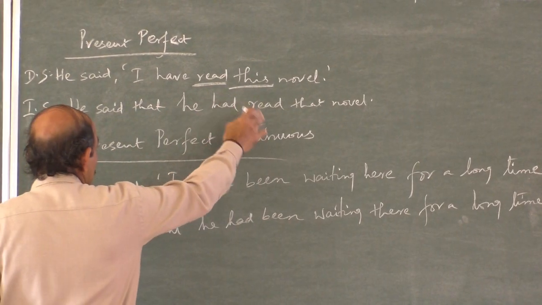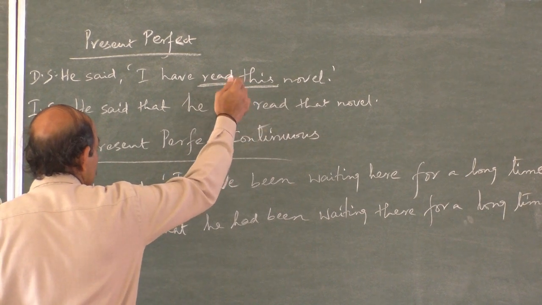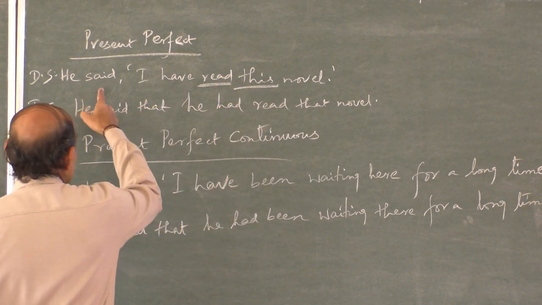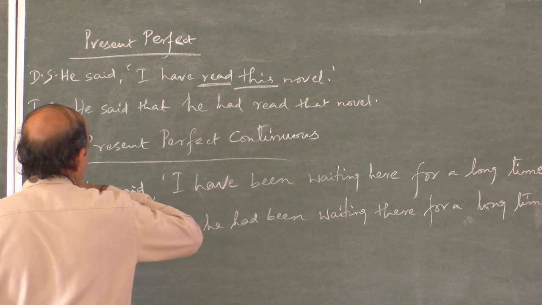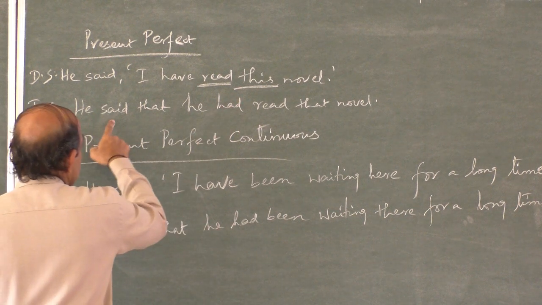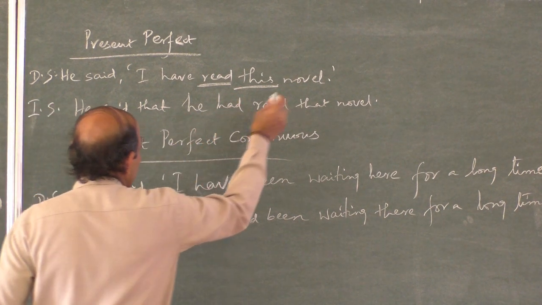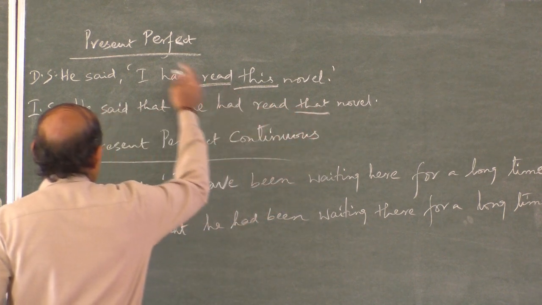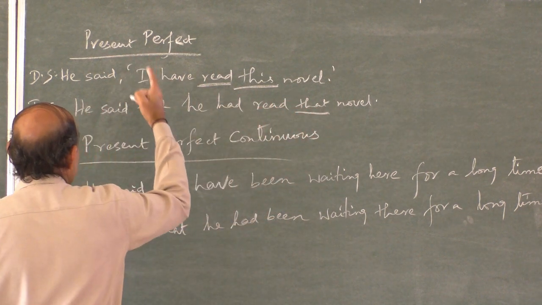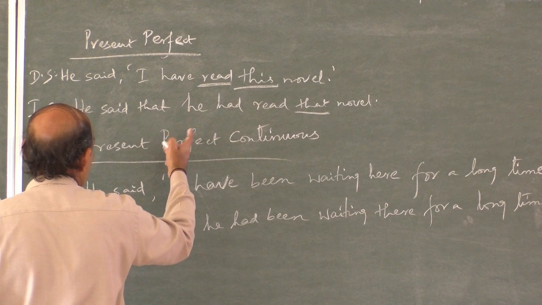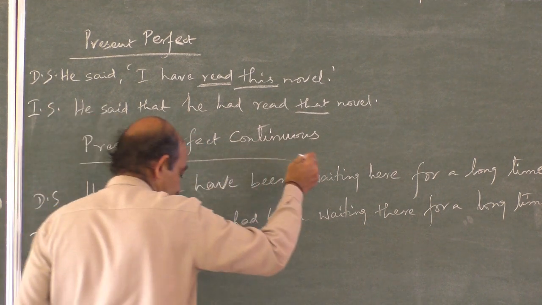This is also to be noted. He said, "I have read this novel." In indirect speech, he said that he had read that novel. Present perfect, the tense has been changed to past perfect.